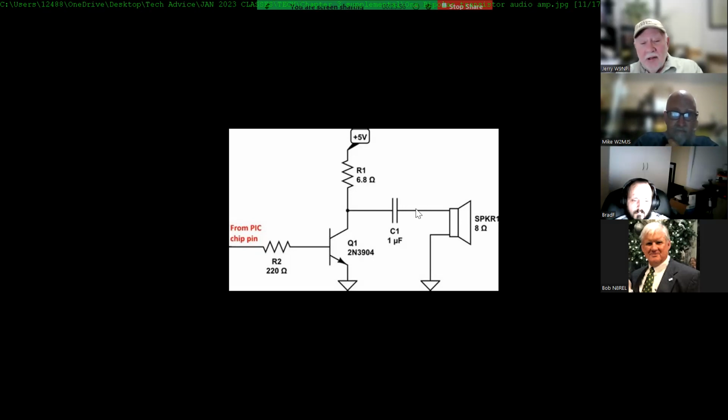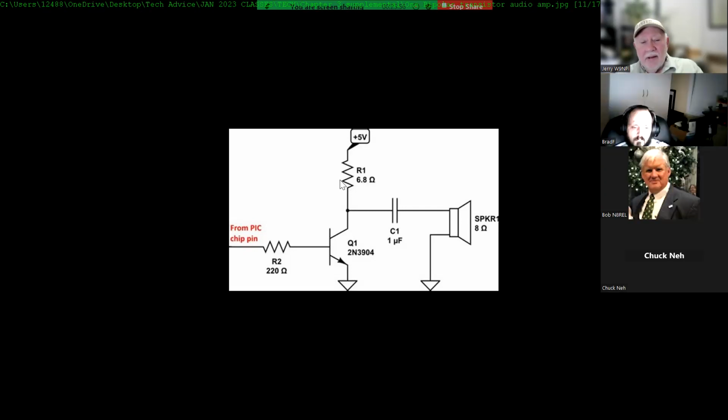Okay, anyone? What is this capacitor doing here? It is storing the electrical wave till it's a higher capacity, so it's a higher voltage, and then discharging it. It's a good answer, but not for this one. I think it's just blocking the DC from the 5 volts above so that the DC doesn't go through to the speaker.